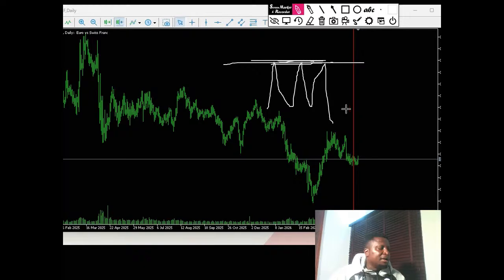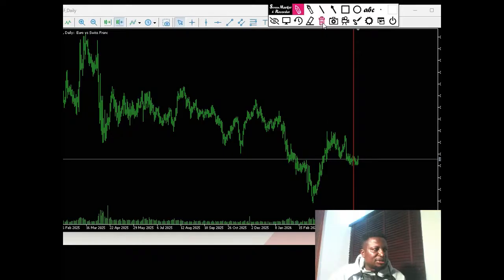Now, all things being equal, let's separate key levels from normal levels. The normal levels are those points where price just changed direction. So let's say this is the market, this is a key level.